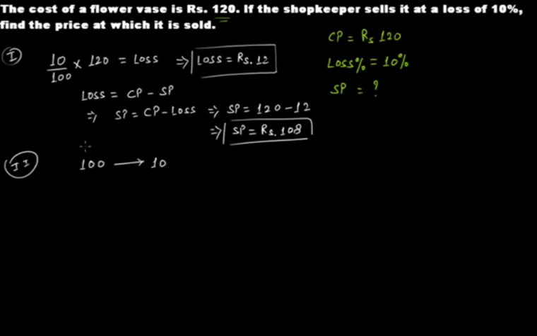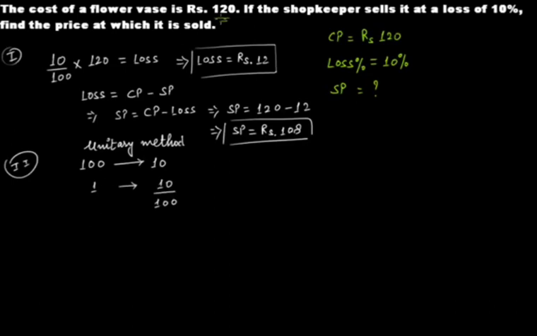Now, we are using the unitary method. So on 100, you incur a loss of 10. That's what loss percentage tells you. For 1, if the cost price is 1, the loss incurred will be 10 over 100.